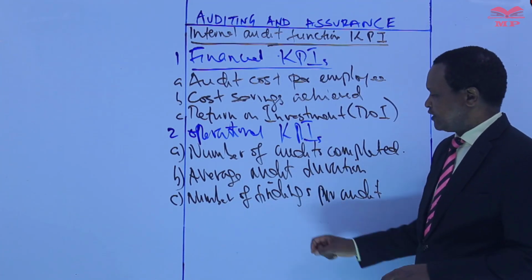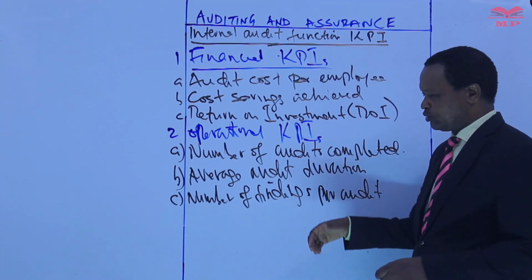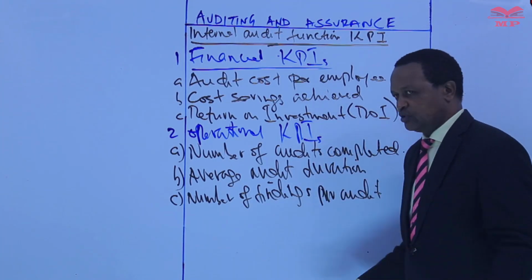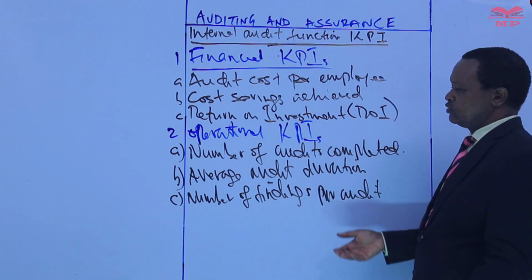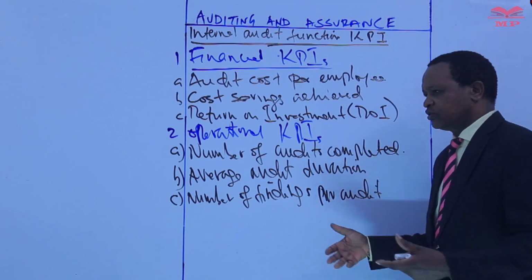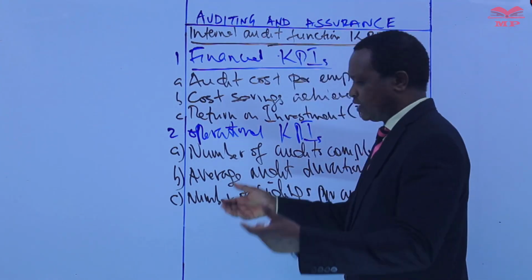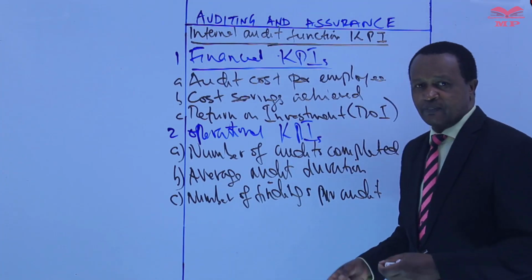Number of findings, issues that were found per audit. How many issues were identified during audit one, during the audit of the internal controls, during the audit of the governance structures, during the audit of the operations? Were there issues that the internal audit function identified?